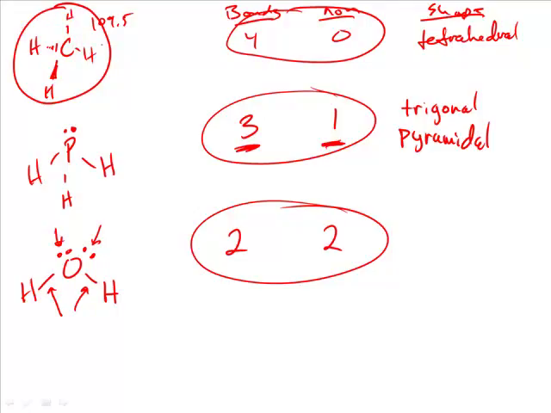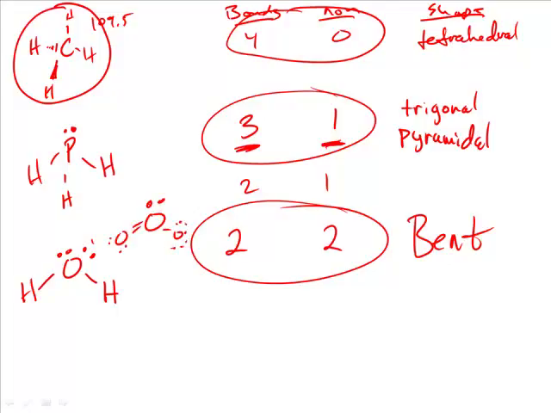As you can tell, it actually looks very similar to the previous page when we had 2 bonds and 1 non-bonding pair. It is also bent. Okay, so there's actually 2 of them that are called bent. Now again, how they might ask us on the exam is they might have you compare the bond angle in ozone to the bond angle in water.